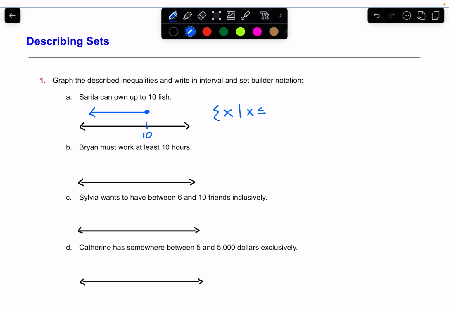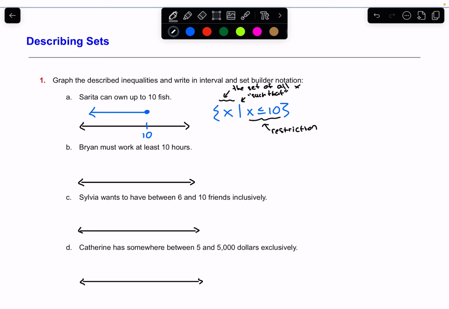So x is less than or equal to 10, and I put another brace on the other side. Again, this first part here is the set of all x. This middle line stands for "such that," meaning we're going to have a restriction on the set of all x. And the right side is the restriction.